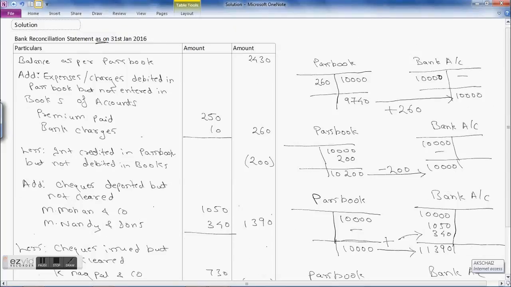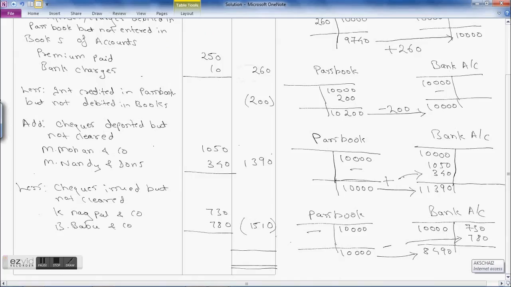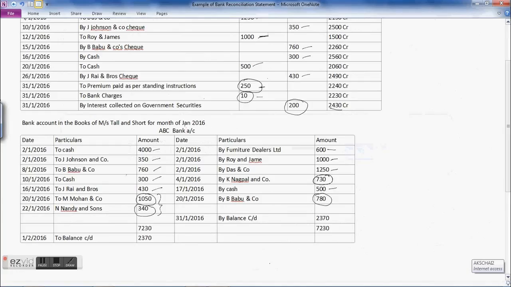Now this comes to 2370. Now if you look at your question, you can see that 2370 is the closing balance as on 31st January 2016 as per our bank books.